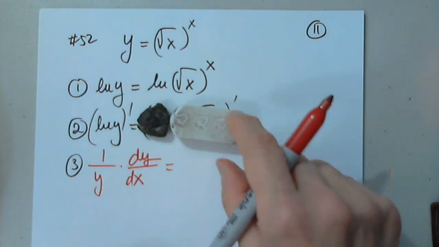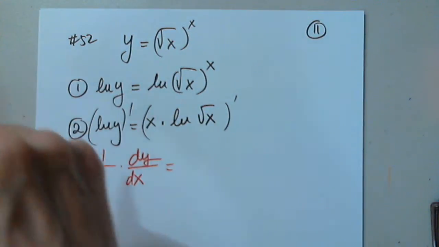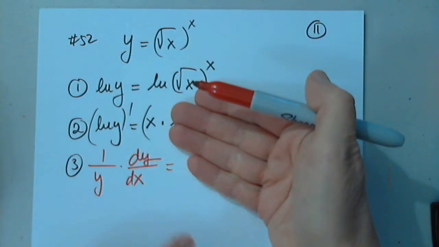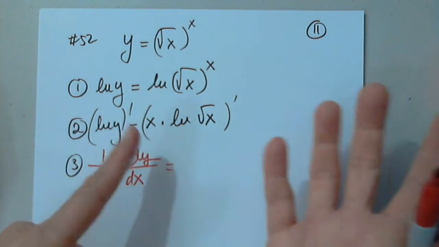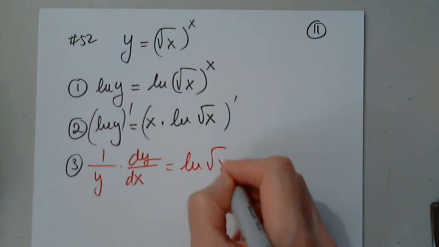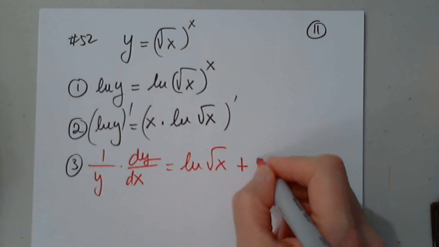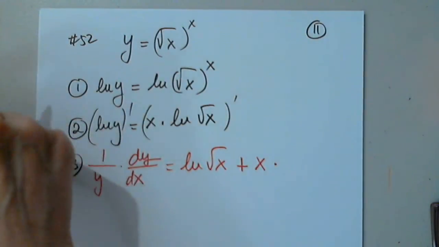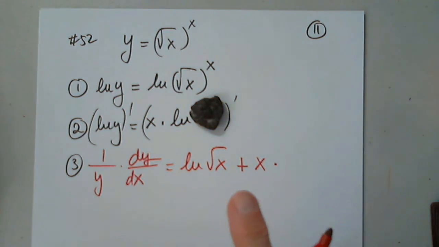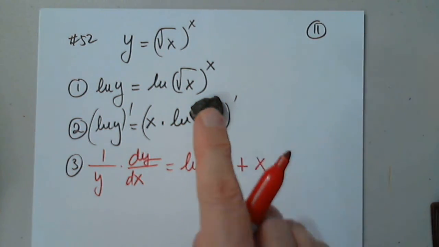Very good. Now I have to be careful because this is function 1 and this is function 2. So I have to use the product rule. I differentiate the first and I get 1. Nice. So then natural log of the square root of x plus I copy, and now I have to differentiate this. Natural log of a function prime.